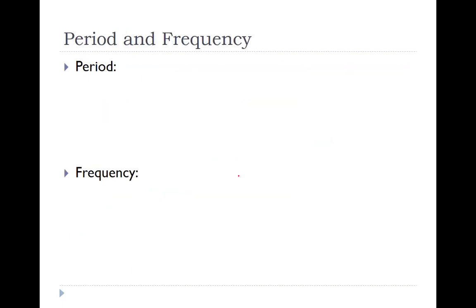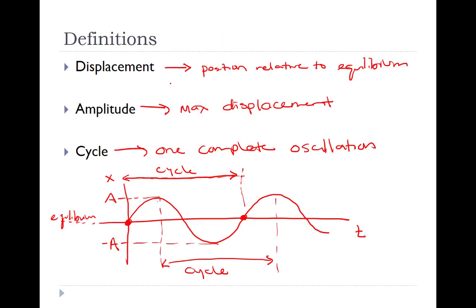A couple more definitions. Period is the time for one cycle. On the previous graph, from here to here, this would be 1 period.